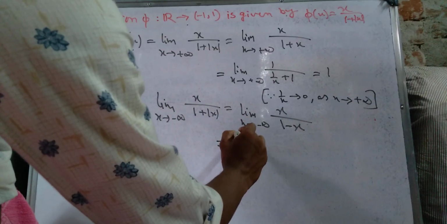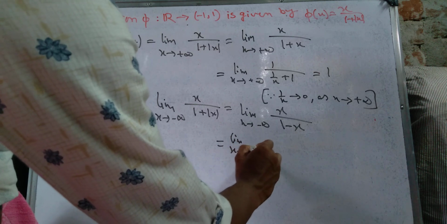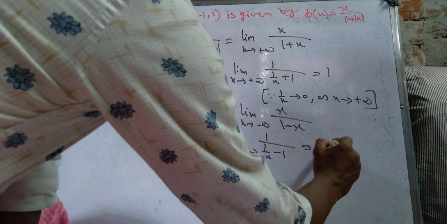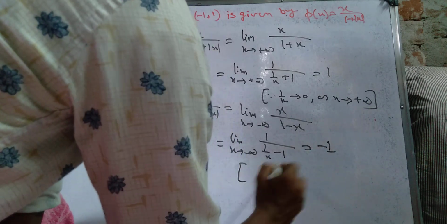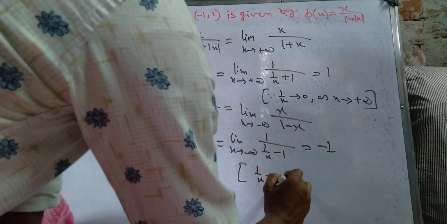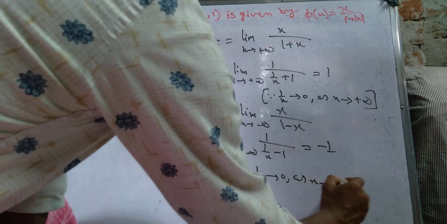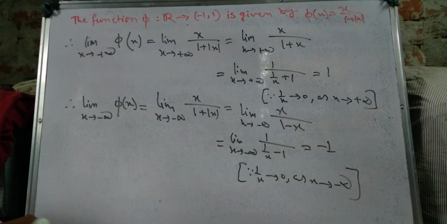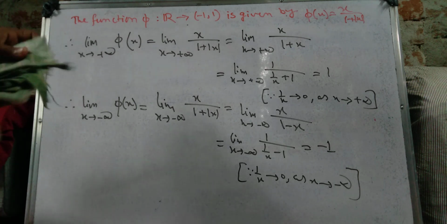This equals limit as x tends to minus infinity of 1 by (1 by x minus 1). This equals minus 1. That means 1 by x tends to 0 as x tends to minus infinity. So we see that as x tends to plus infinity, limit phi x equals 1, and as x tends to minus infinity, limit phi x equals minus 1.